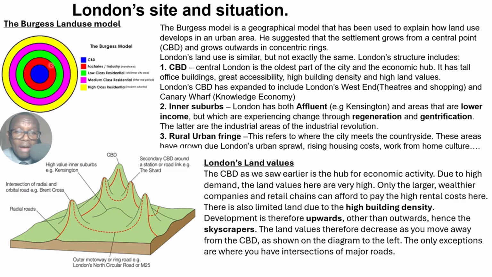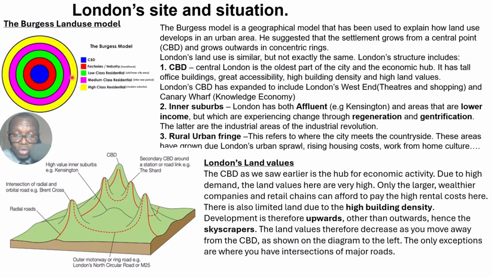Outside that CBD you have an industrial zone that has got factories, then you have low-class residential after that, then medium-class residential, and then finally high-class residential here in the suburbs. So he suggested that a city or a settlement will grow outwards from a central point.